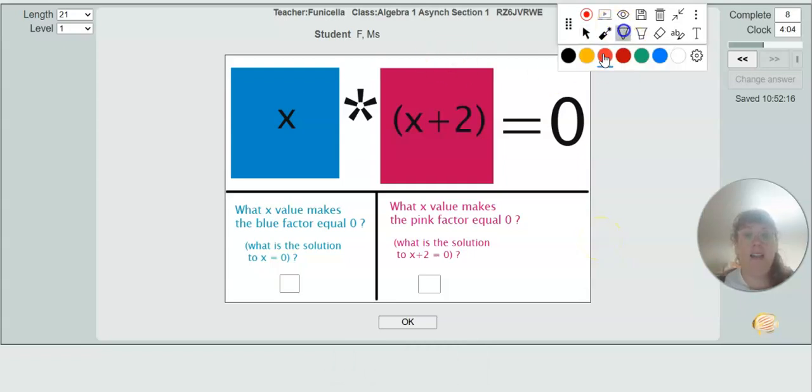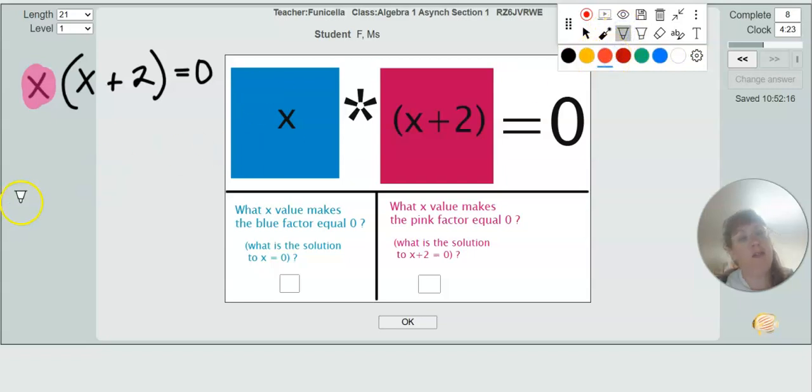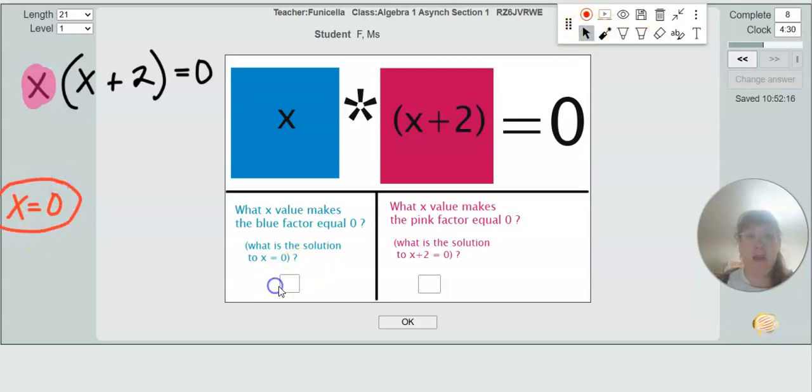So we have x times (x plus 2) is equal to 0. I'm just going to fix my parenthesis here. There we go. So we can take our first factor, which is x, and set it equal to 0. Nothing to solve there. We're done at that point. It's just x could be equal to 0. That would make it all multiply to 0.